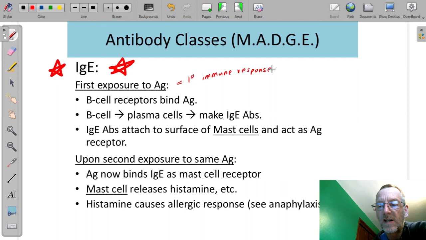Okay, the B cell gets activated and makes all 5 classes of antibodies. So this was our activation stage. The B cell receptors bind antigen, B cells become plasma cells, and then they make the IgE antibodies. And those IgE antibodies, when they're released, circulate in the blood and they attach to the surface of the mast cell and basophils.